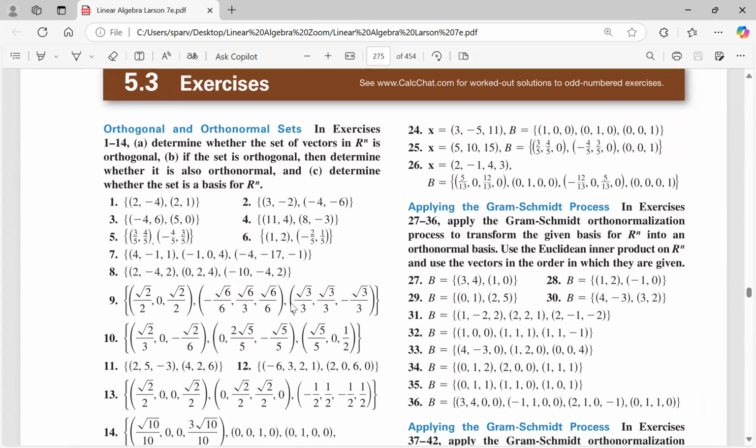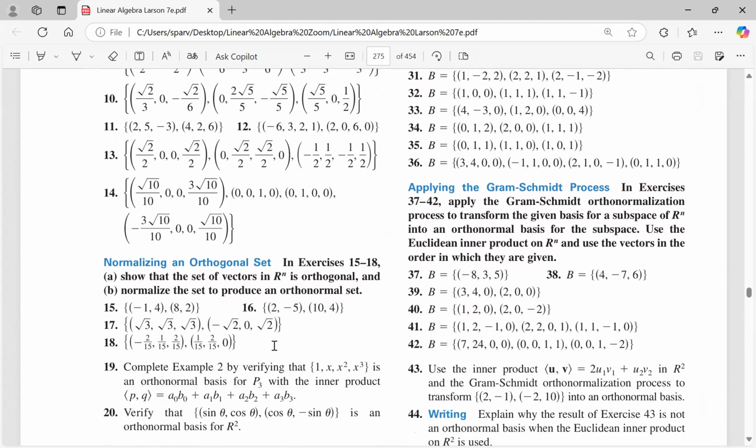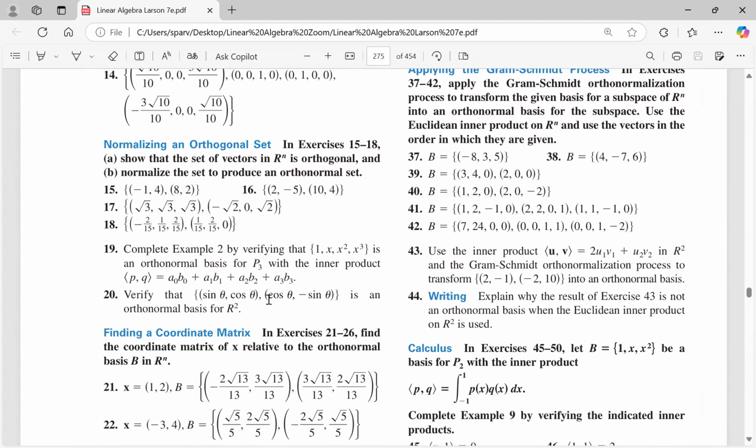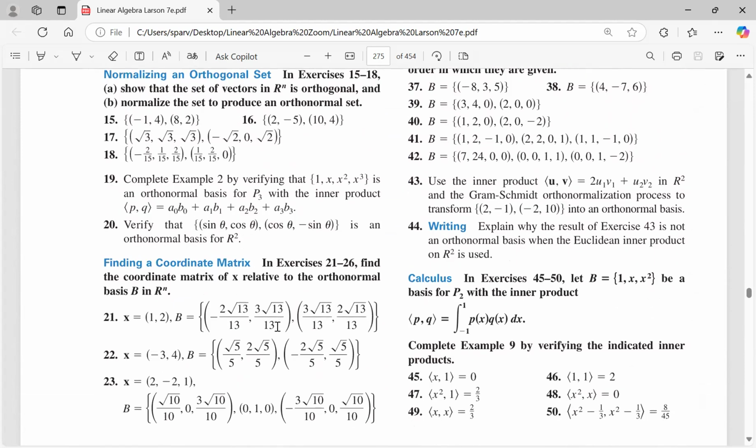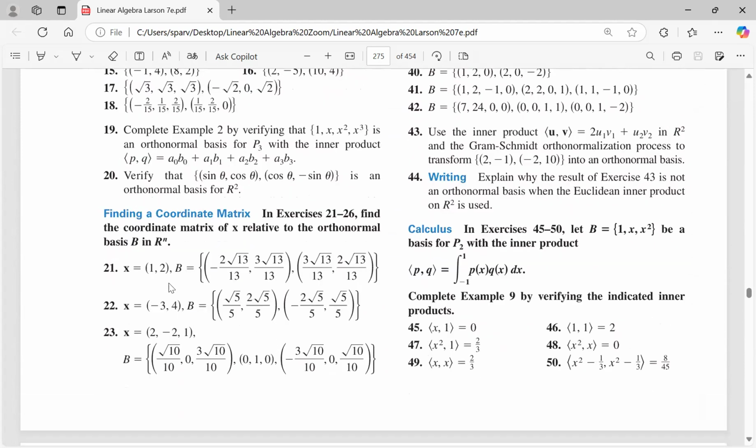So I'm going to take a look at one where we actually have to, let me see, we did number 10. See if there's anything worthwhile in here. This is normalizing. We'll do that anyway when we do Gram-Schmidt. Let's see, finding the coordinates, a coordinate matrix. Maybe number 22, we can do that one.